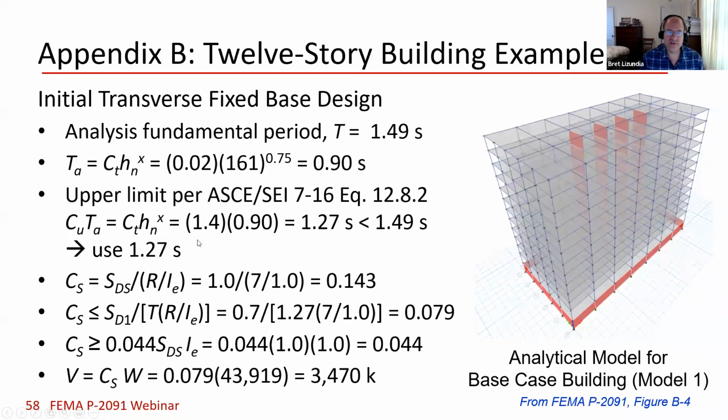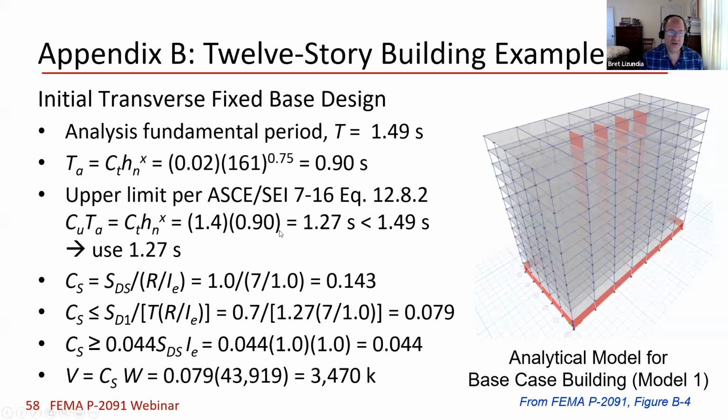Starting again with the fixed base design, taking the 0.9 second period that comes out of that equation, there's an upper limit value that's 0.127. That turns out to be less than the computer model period. And this is a very common set of outcomes.